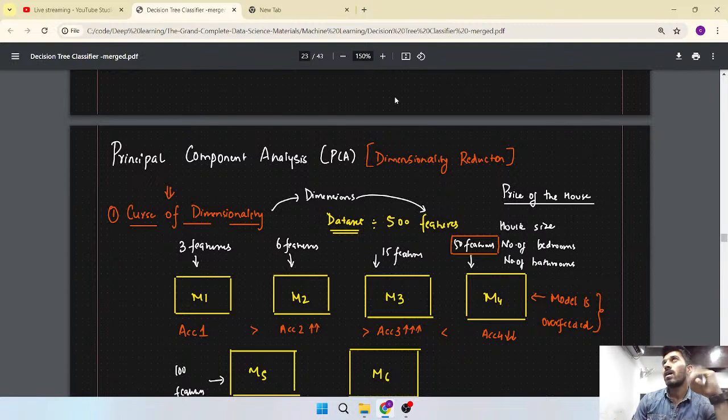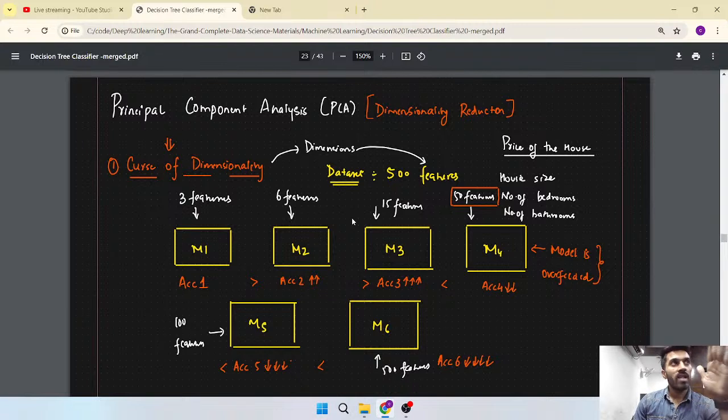Suppose you have a thousand columns, or we can say features, in your dataset, but suppose 50 features out of 1000 features have correlation.